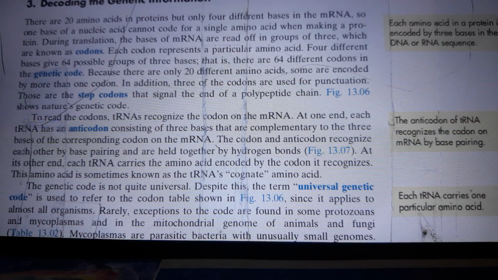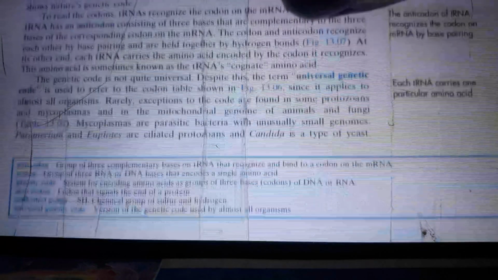Each codon represents a particular amino acid. 4 different bases give 64 possible groups of 3 bases. That is, there are 64 different codons in the genetic code. Because there are only 20 different amino acids, some are encoded by more than one codon. In addition, 3 of the codons are used for punctuation. Those are the stop codons that signal the end of a polypeptide chain. Figure 13.6 shows the natural genetic code.